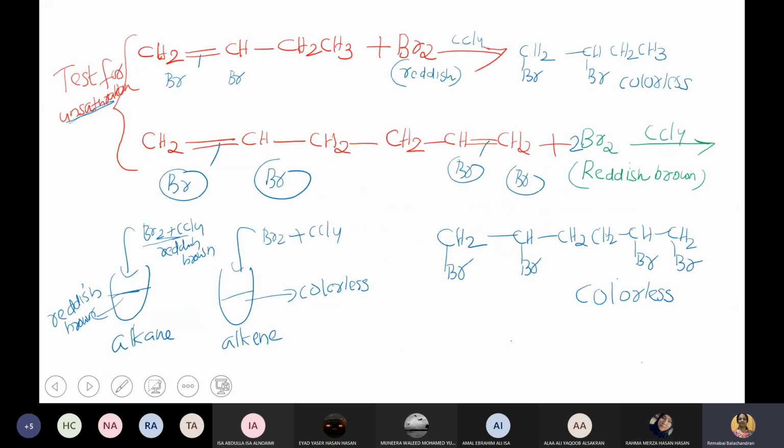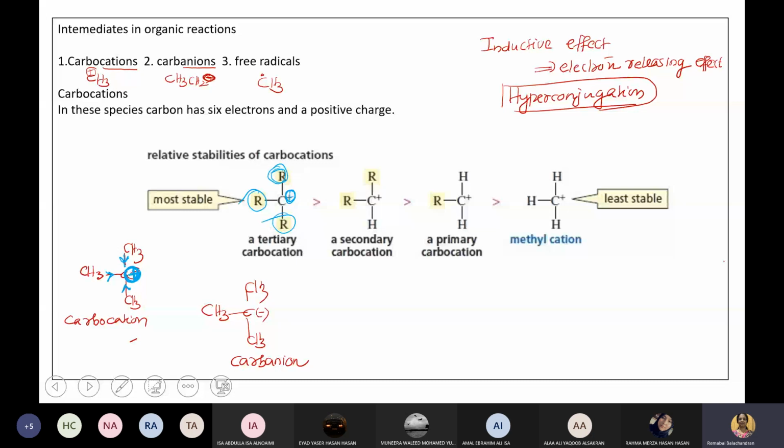Suppose it is a carbanion. In this particular case, the second one, what is the problem here? The charge is negative, and methyl is electron releasing. It gives electrons, this gives electrons, this gives electrons. So the intensity of the negative charge will be higher.